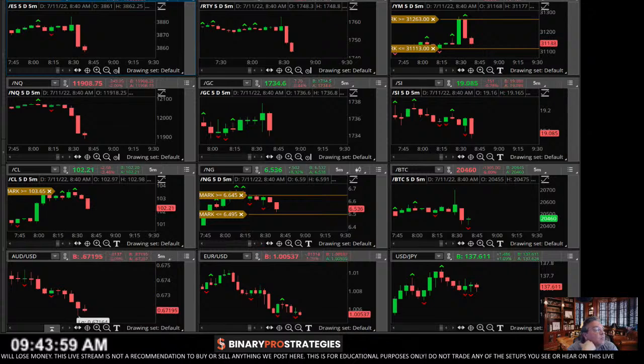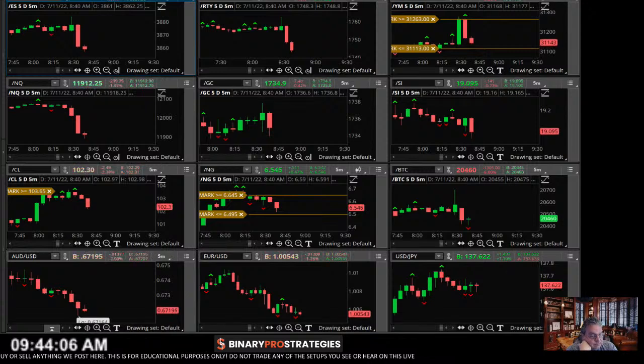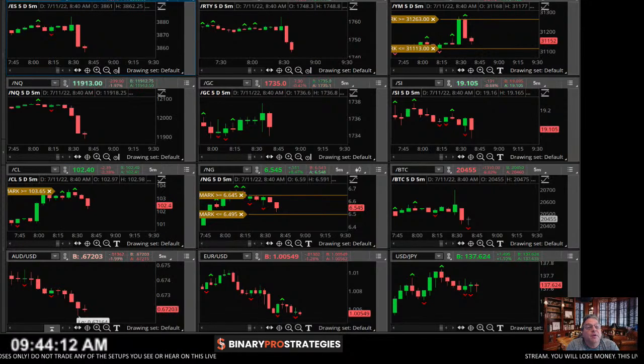Still short mini Dow, looking to hit target. Natural gas still short. Have that double short on your US yen. Going to exit here in about 30 seconds on the US yen.